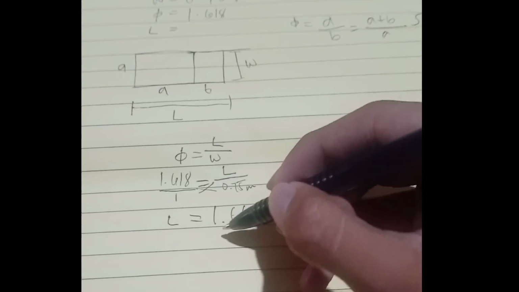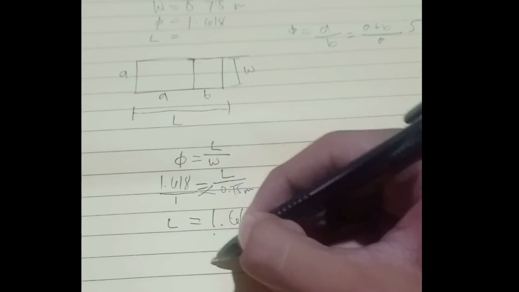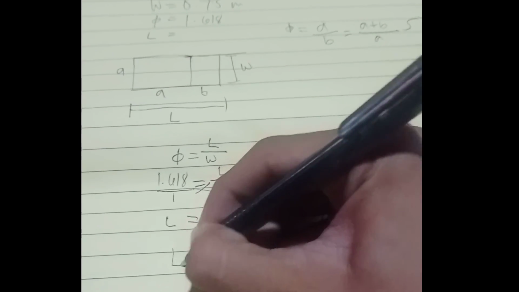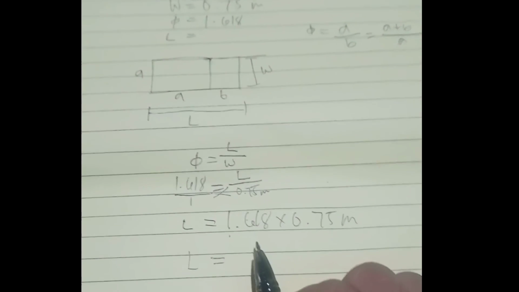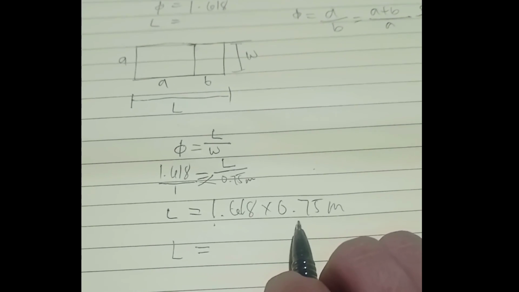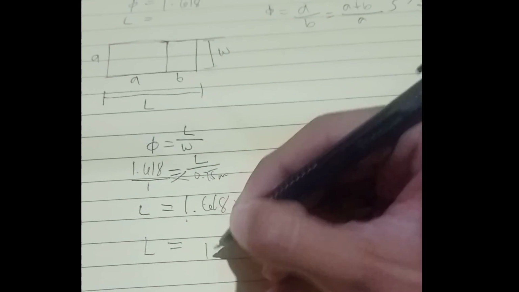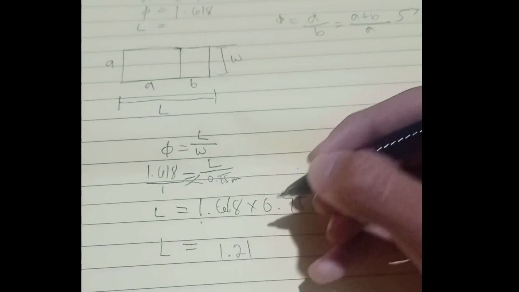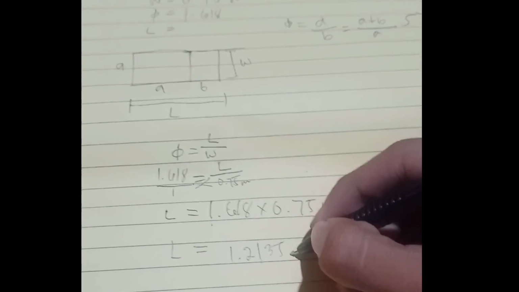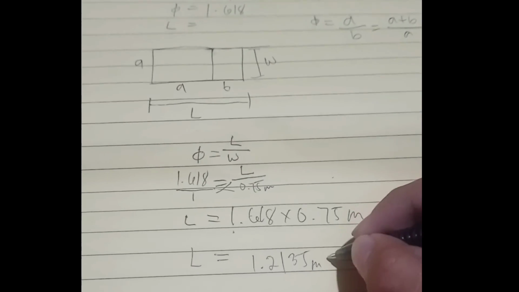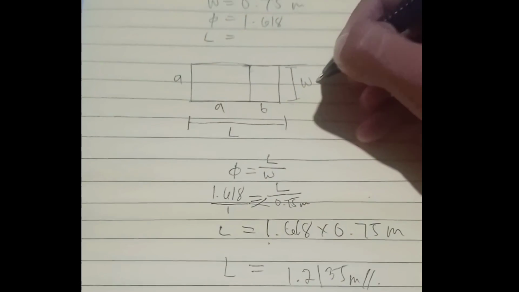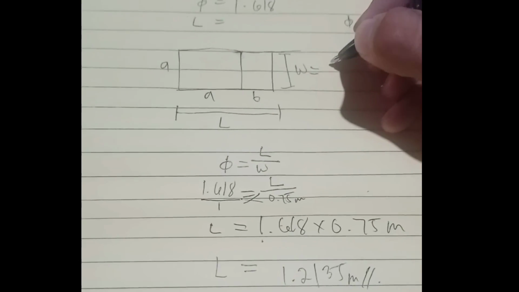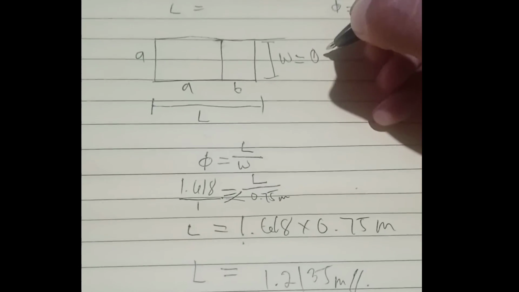So now let's solve for the value of the length. 1.618 times 0.75 meters is equivalent to 1.2135 meters. So this is the length needed to form a golden ratio.